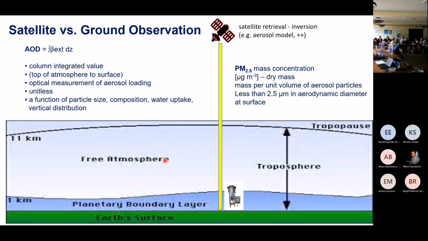It's an optical property, and it depends on the particle size, the composition, the water uptake, and the vertical distribution. So if you have aerosols which are very high up in the atmosphere, it will not correlate with the ground-based information. So it's a tricky business.